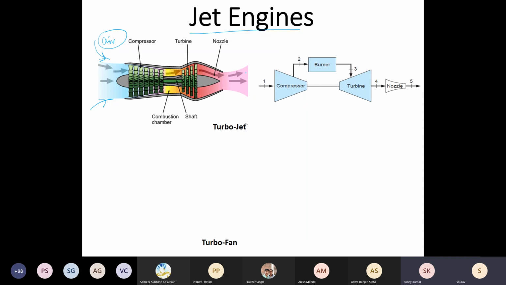Anyone from Sikkim? Nobody from there? So typically the outside temperature would be of the order of minus 40, minus 45 degrees C. And the pressures could be as low as 0.4 bar.